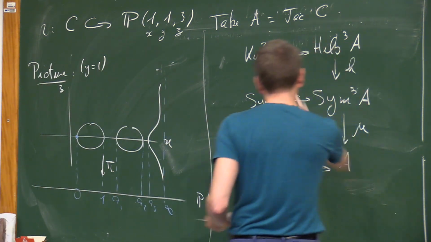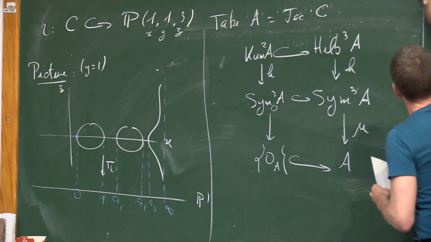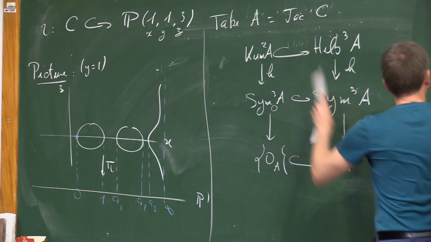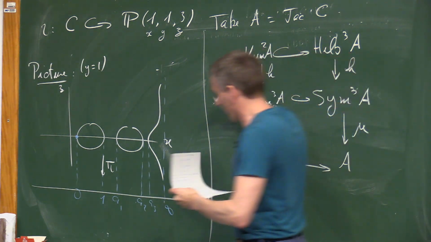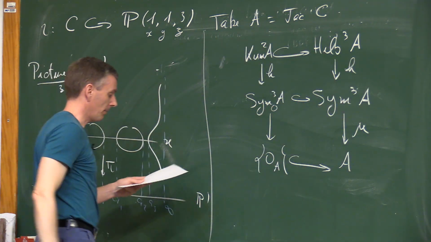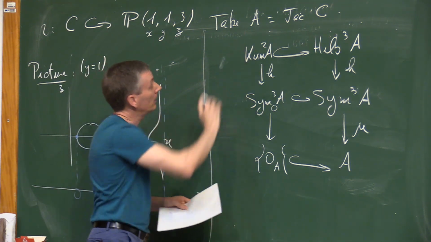So what we want from this picture is something that is close to the Kummer fourfold of A, but not the symmetric product, because it's below. We want something at more or less the same level. What we do, we blow up the origin.